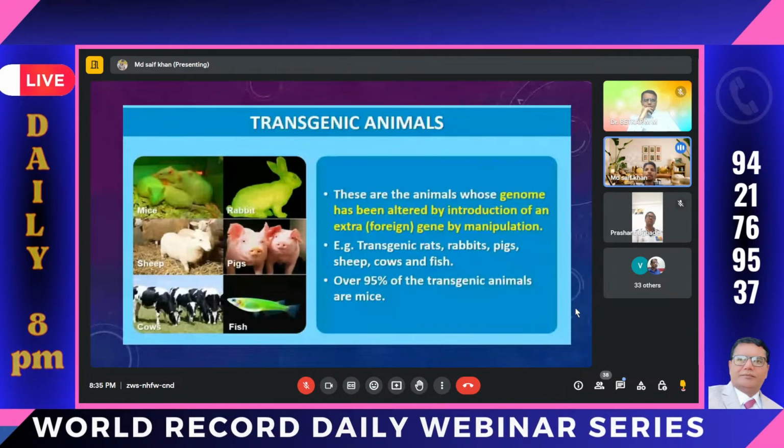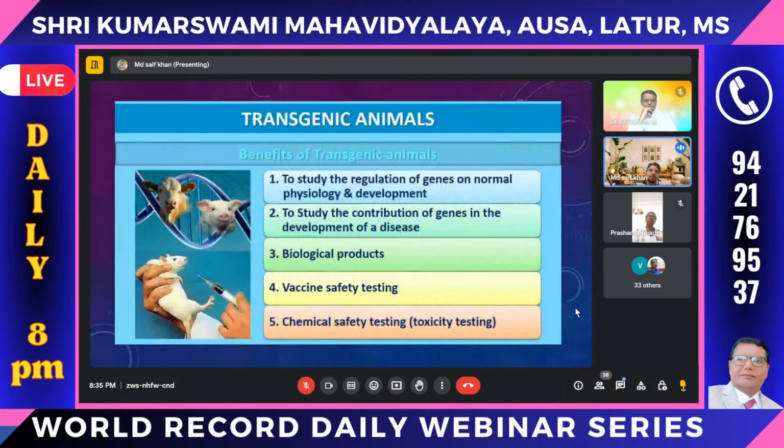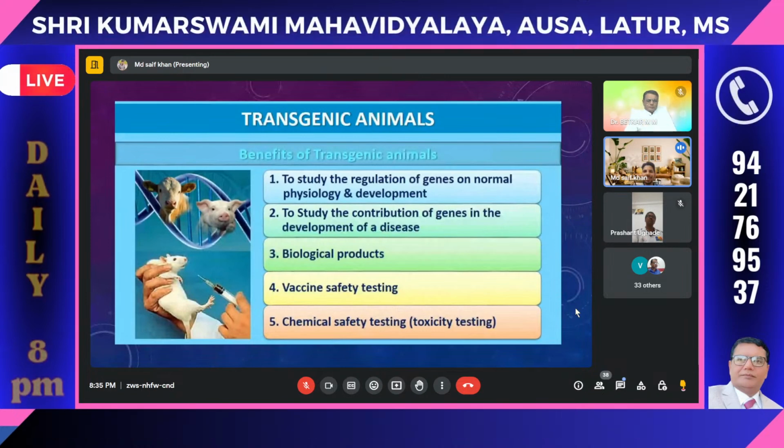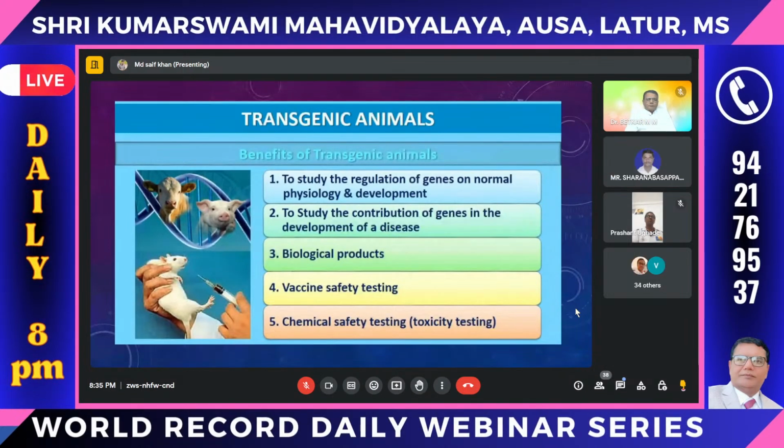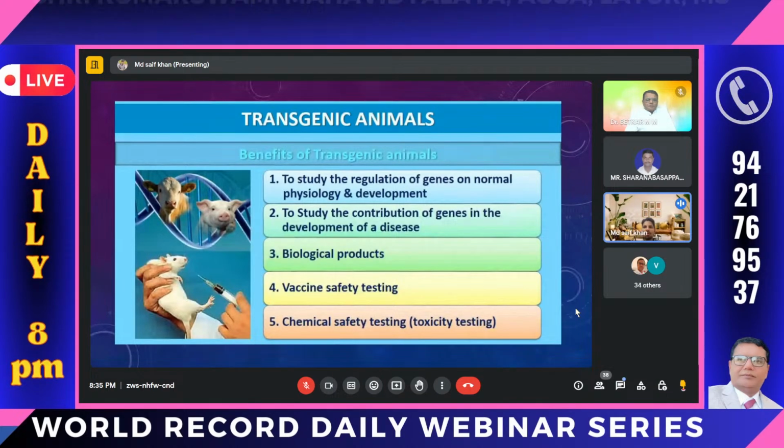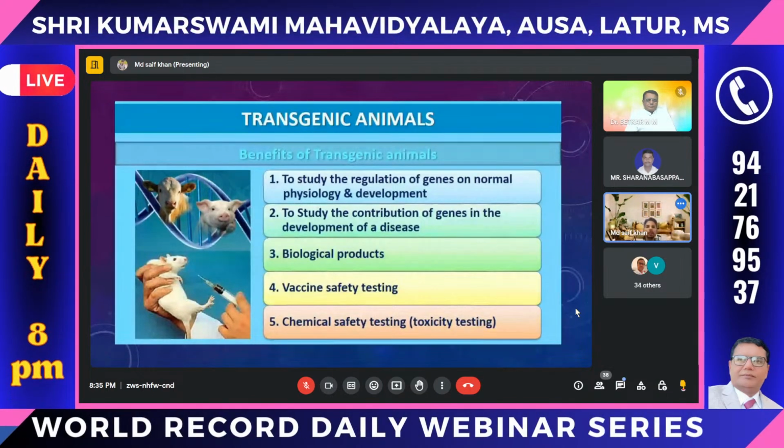So what are the benefits of transgenic animals? First is to study the regulation of genes in normal physiological and developmental processes. We can see how these physiological processes work by using transgenic animals, right?